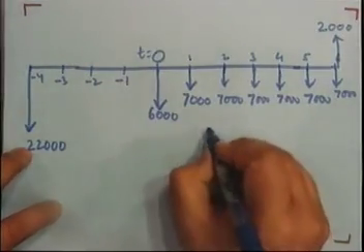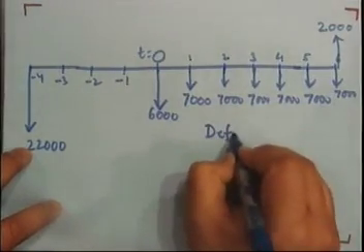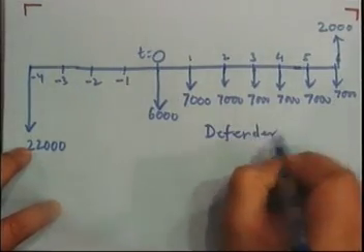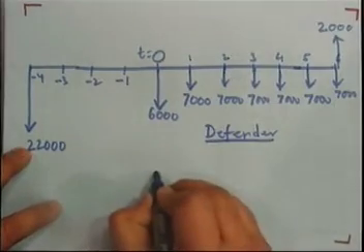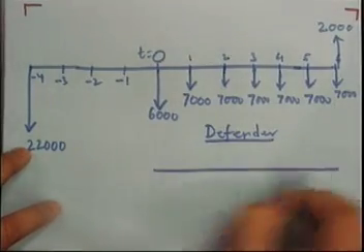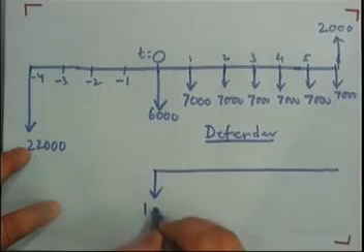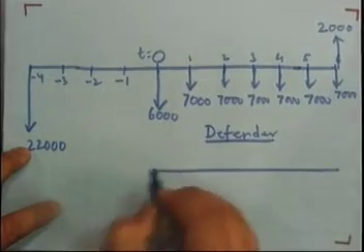Now, this is as far as the cash flow diagram for the Defender is concerned. What about the Challenger? The Challenger I can buy at rupees 18,000 at time t equal to 0.